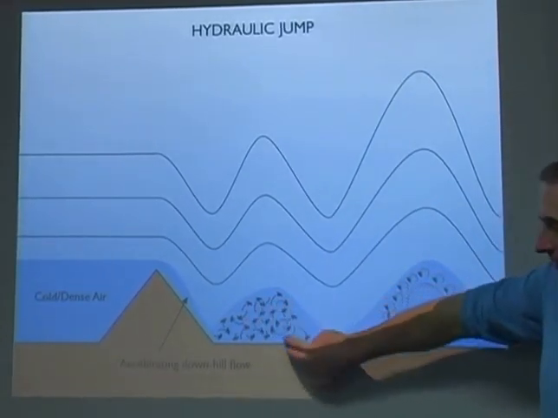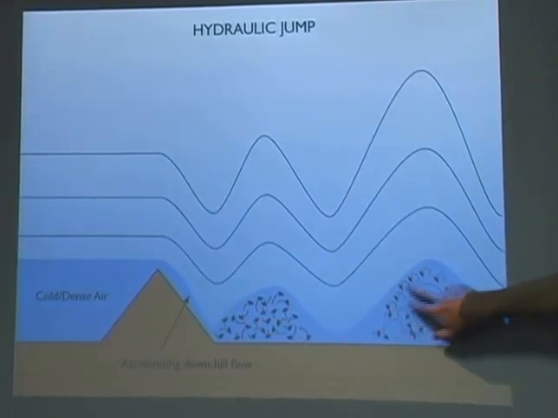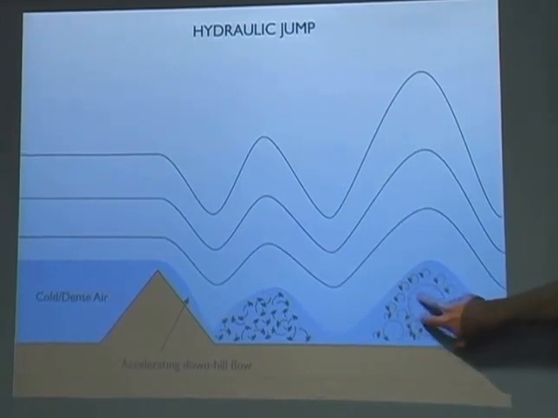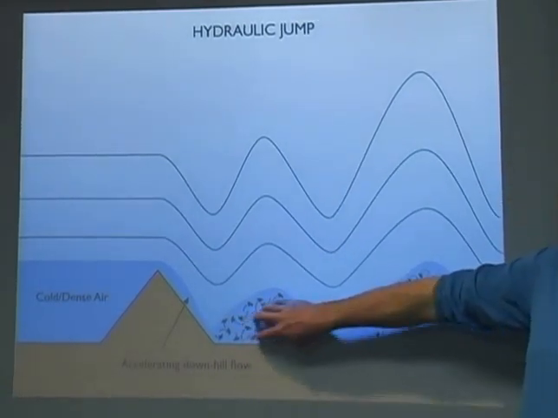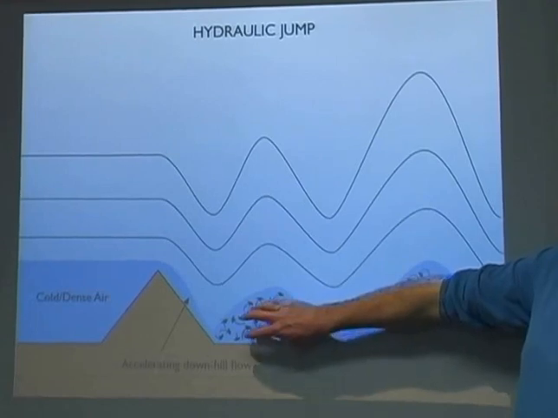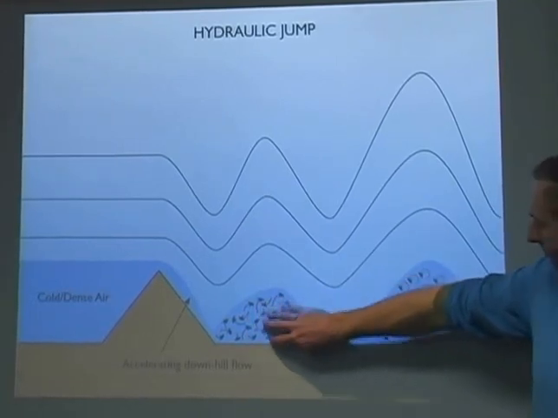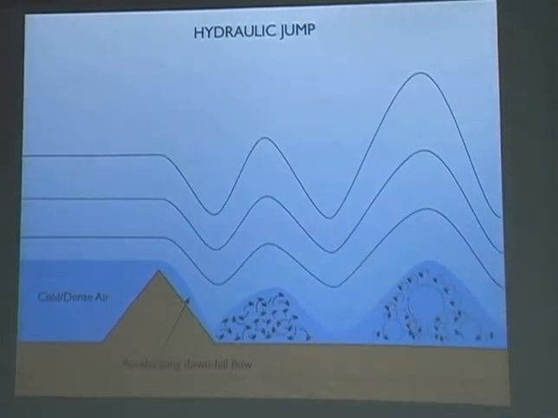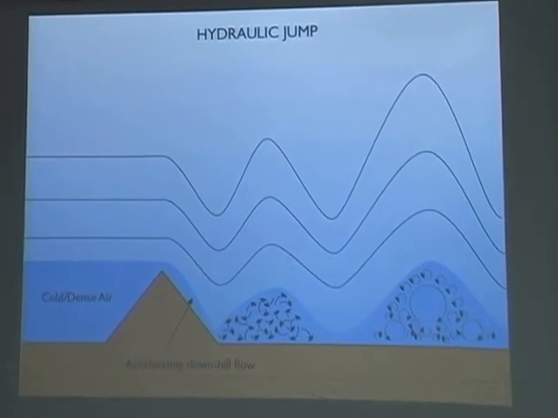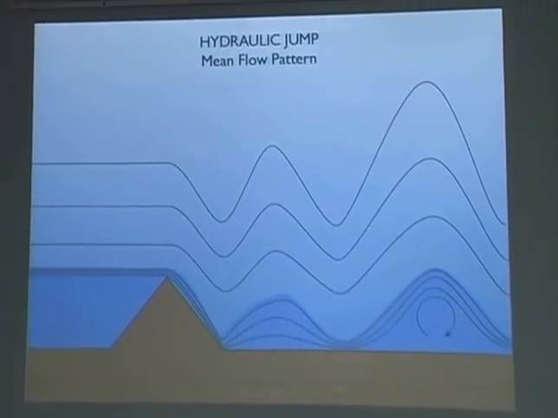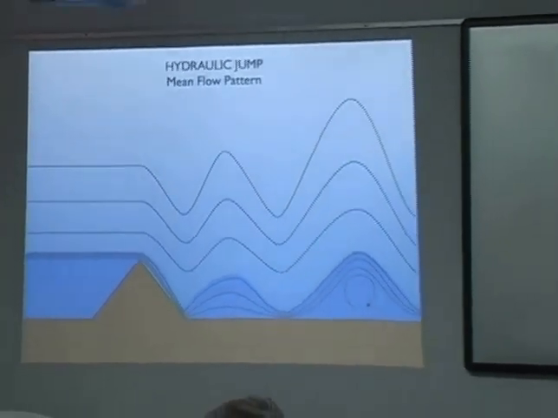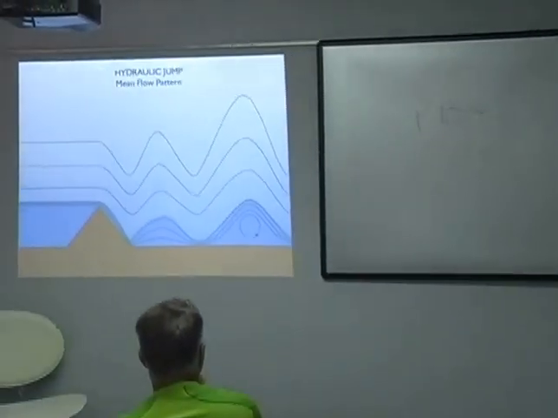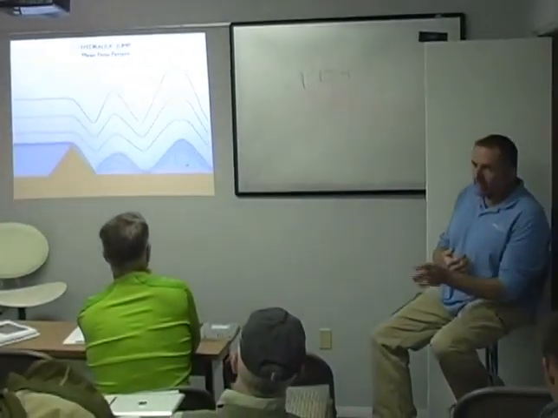No organized big rotor. The next one could have the big organized rotor. So there can be what feels like rotor, it's really rough, but it's not going to be nearly as organized as the second one. Now there's the mean flow patterns through those. And I guess I should put some arrows. That's all left to right.